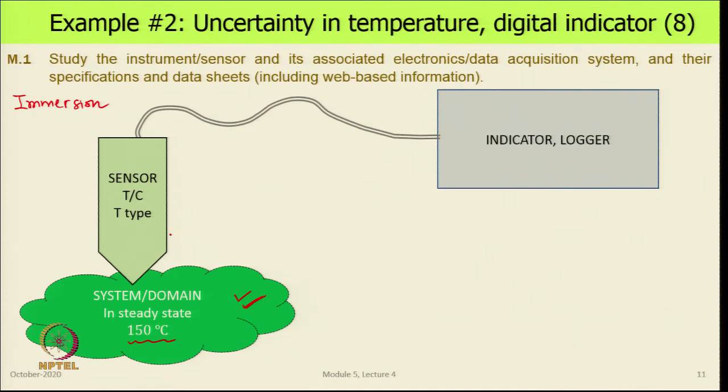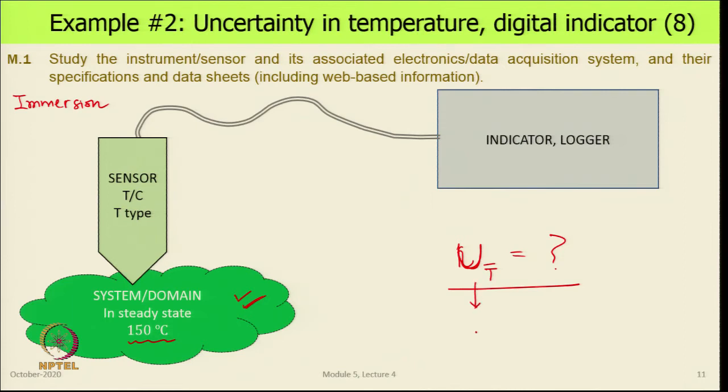And we will say, I want to make such a measurement in my experiment in the future. When I make my experiment, if I use this particular sensor and this particular indicator or data logger or DAS, then what is the overall uncertainty I can expect in my temperature measurement? This is the question.